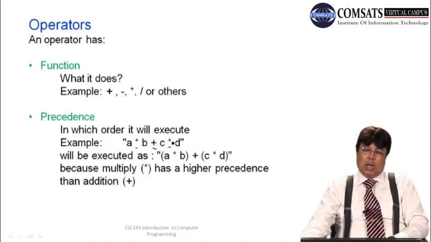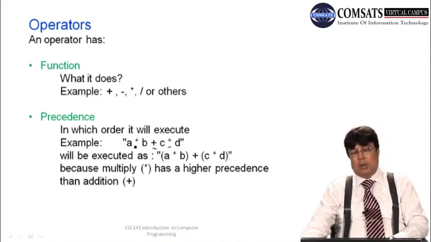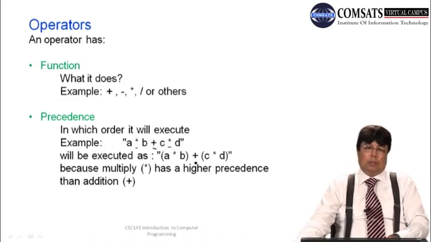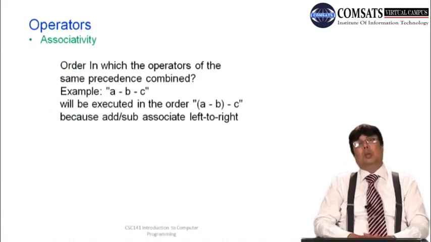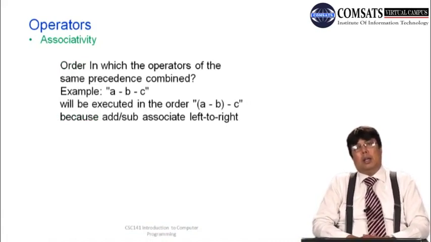Since multiplication has a higher precedence over plus, c multiplied by d will take place first, and then the result of a multiplied by b will be added to the result of c multiplied by d. Okay. There is a third thing for operators, which is called associativity.